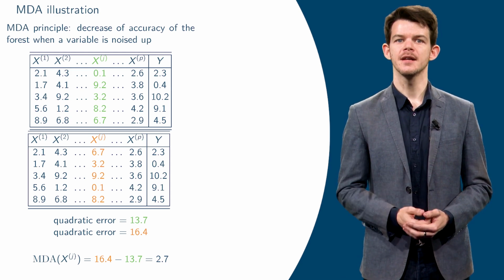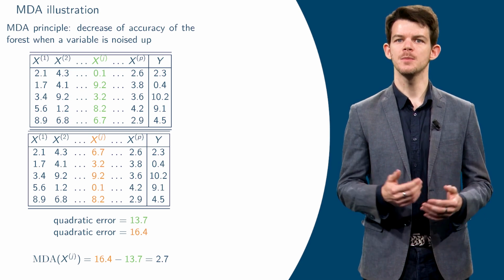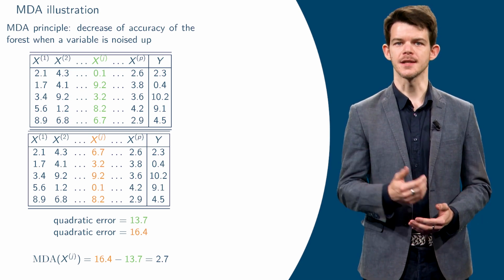As with the MDI, the MDA should not be computed with a training set which was used to build the forest, but rather on a test set. It is interesting to note that the ways of calculating the MDA differ according to the software used. The procedure for computing the MDA that we have just presented is the simplest.